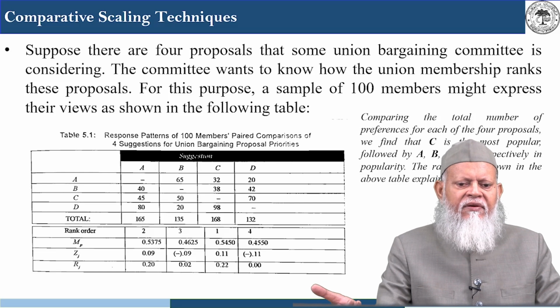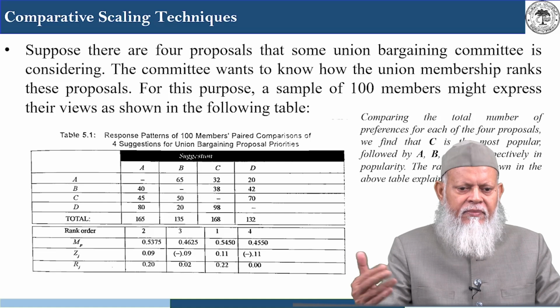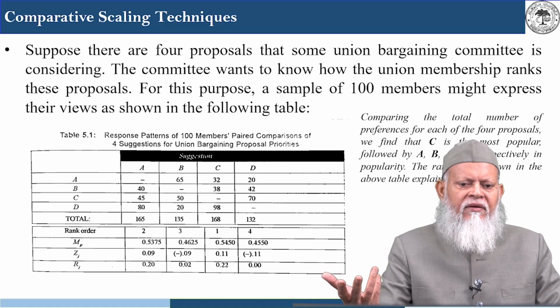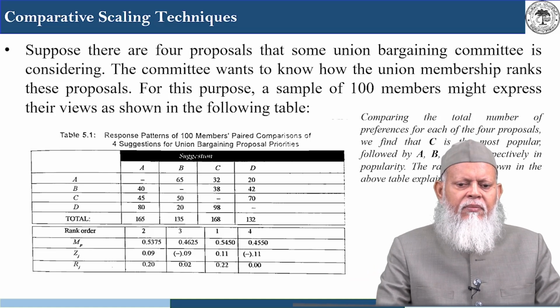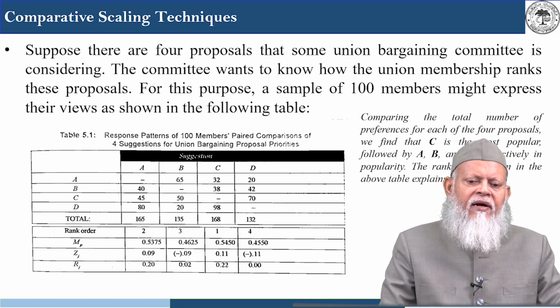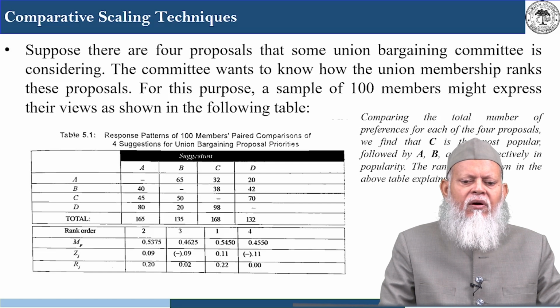Zj has been given this value. Beginning from the rank order, we have given the rank depending upon the score of the various stimuli, and then the MP has been calculated from this small formula, which requires only a small arithmetic operation, and the Z values are given in the table.